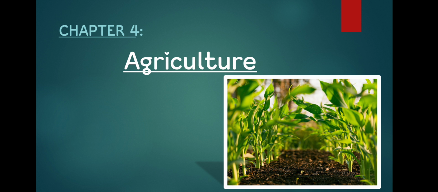In most countries in Asia and Africa, more than 50% of the people are employed in the agricultural sector. Food grains are the most important products that come from agriculture. There are many different types of agriculture practiced around the world.